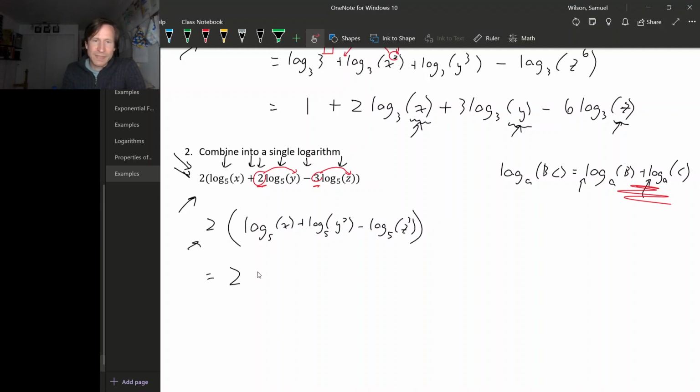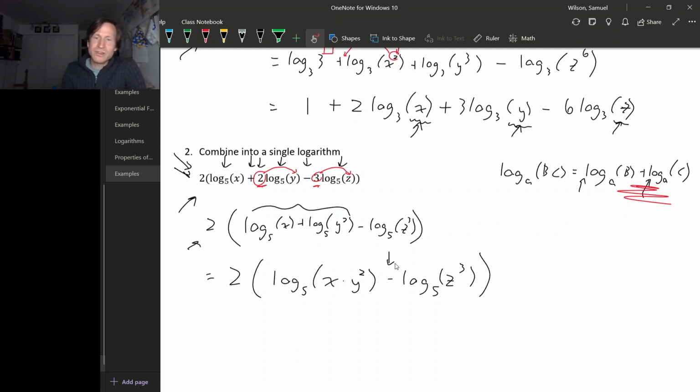Okay. Now that these coefficients are out of the way, now we can put these two together using the sum rule. So log base 5 of x times y squared minus log base 5 of z cubed.